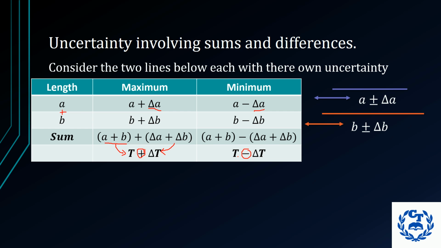That means when you're stating your answer for anything that is summing or finding the difference of, all you have to do is simply find the sum or difference of the quantities being measured, and then you find the total of the uncertainty and you put a plus or minus between them. And this is how you state your uncertainty whenever you're doing total sums and total differences.